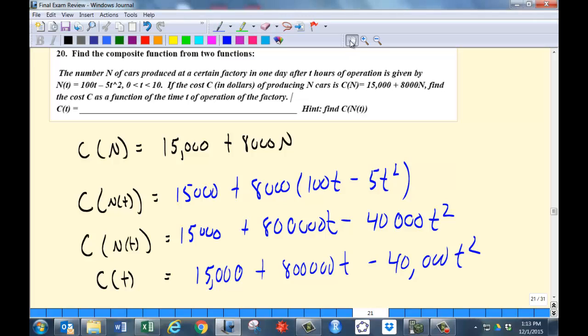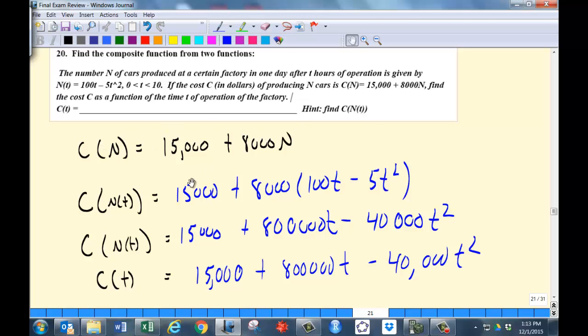Alright, number 20, we want to find the c function, which is here, evaluated at n of t, which is over here. So we're going to take n of t and put it into the c function. So we're essentially going to take this, plug it in for n.